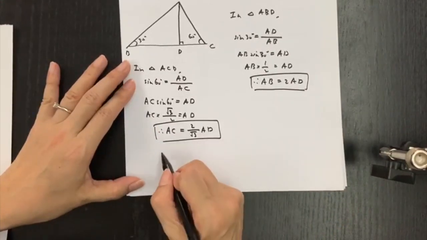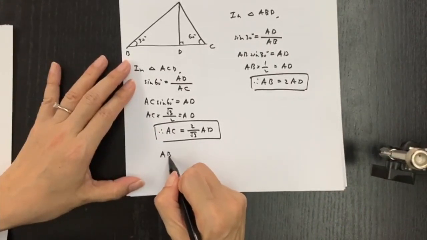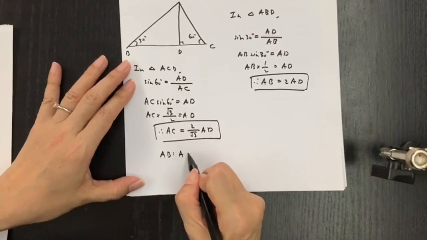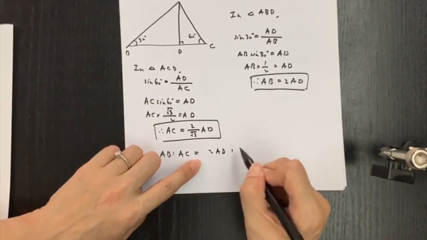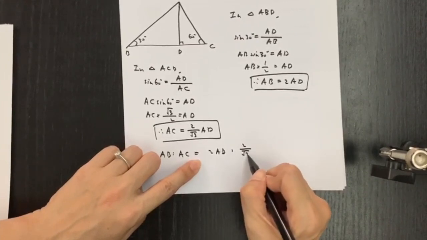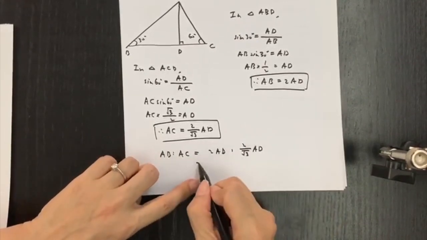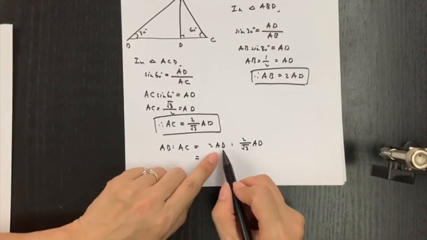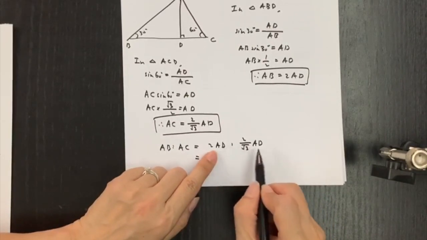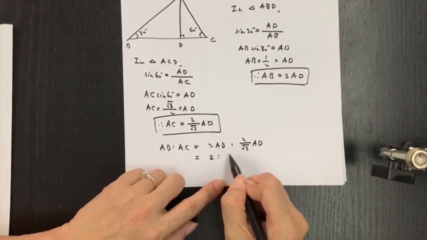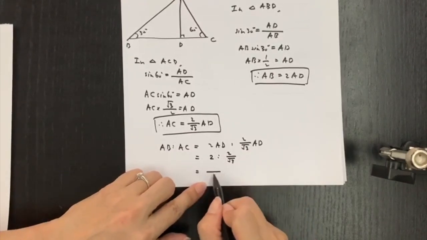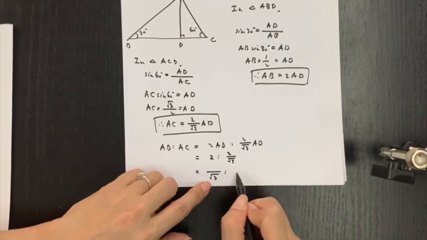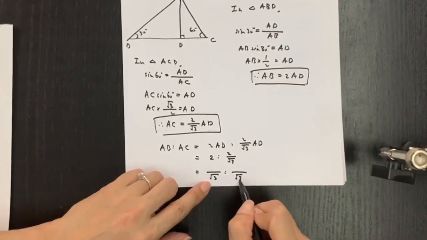Now I can simply find the ratio of AB to AC, which is 2AD to 2 root 3 AD. They are all in terms of AD, so I can ignore AD, and I get 2 to 2 root 3. Then I put them over the same denominator.